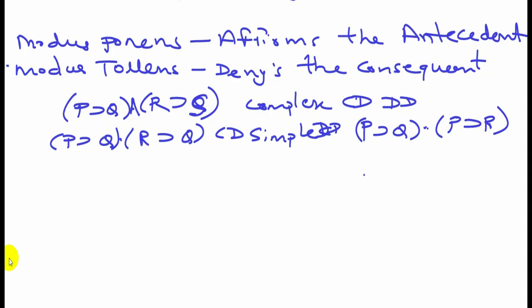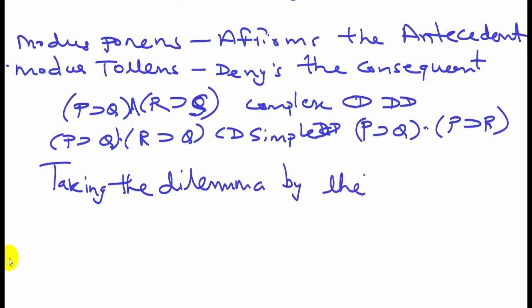So when P does not imply Q, or R does not imply S, or if P then not Q, or if R then not S, then this is called taking the dilemma by the horns. This is the name of the fallacy. Taking the symbolic expression of complex constructive dilemma, this fallacy may be represented thus.